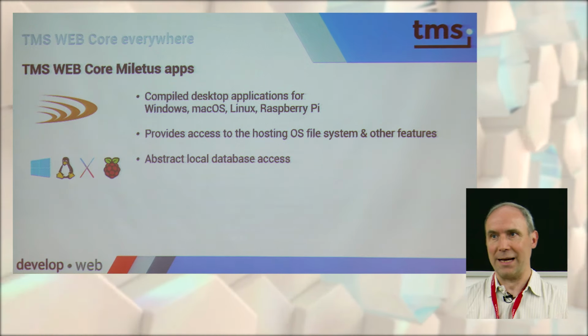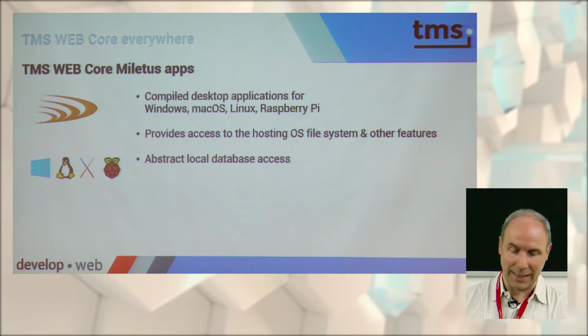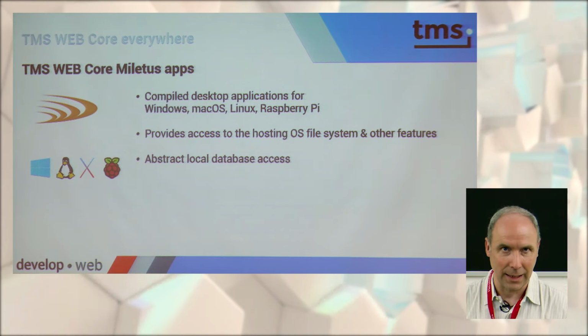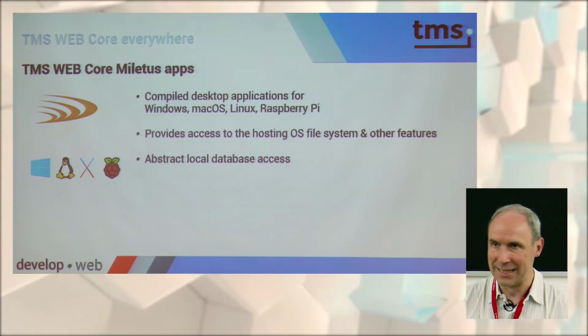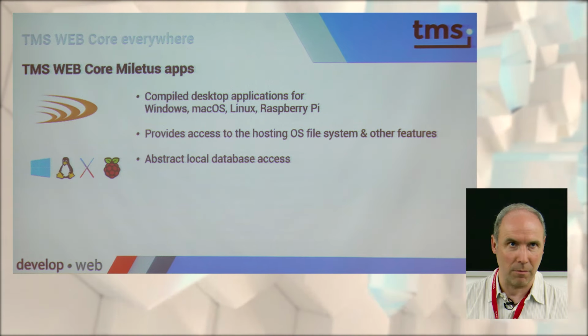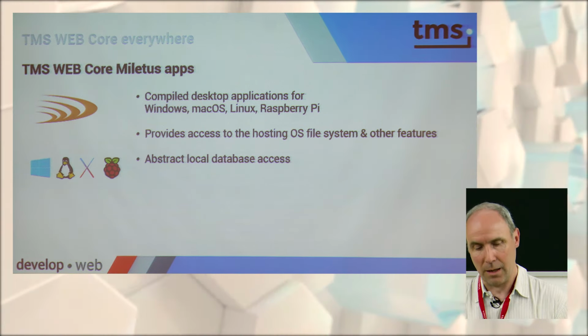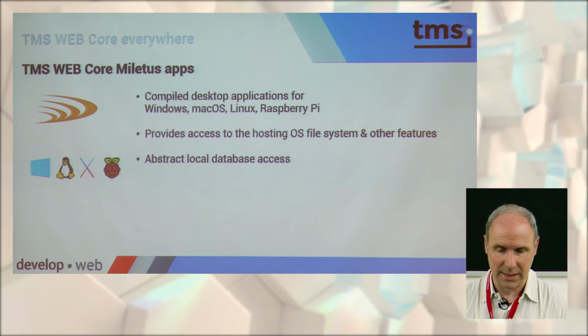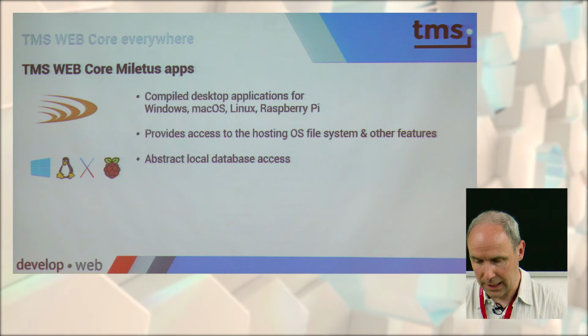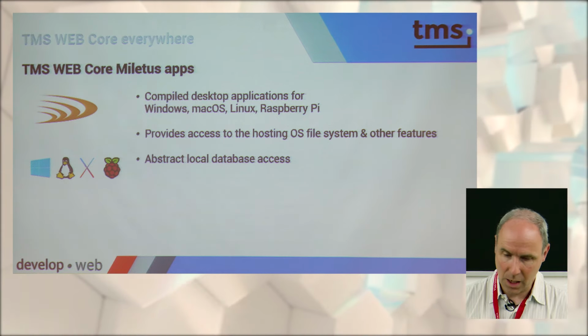And of course, as it generates a desktop application, we will want desktop functionality, things like accessing operating system dialogues, operating system local file system, also local databases. So this all becomes accessible for this type of applications.